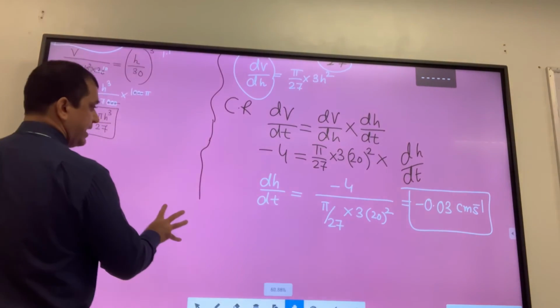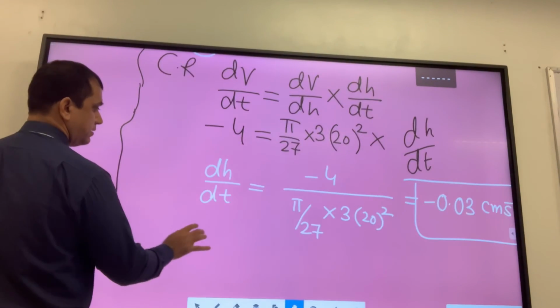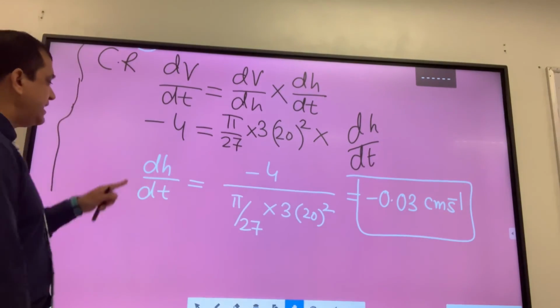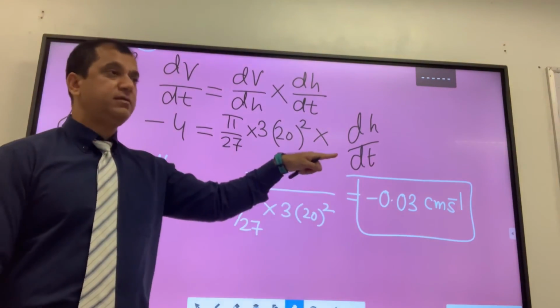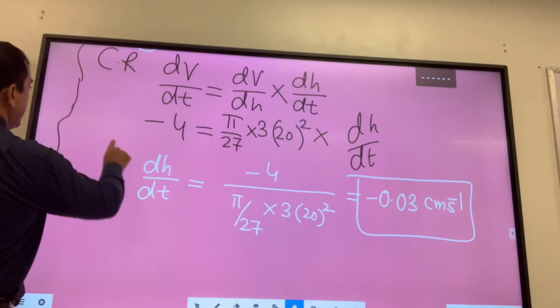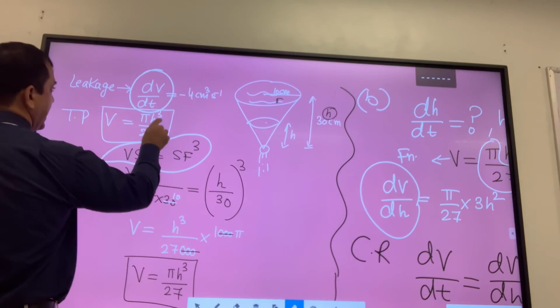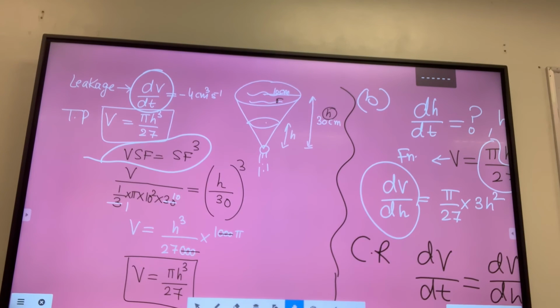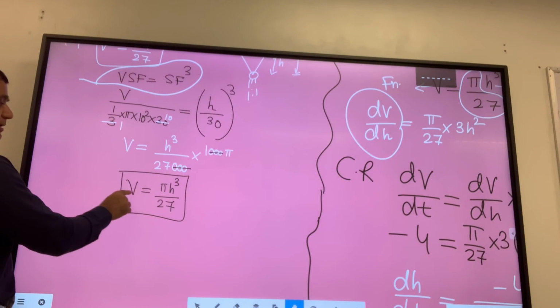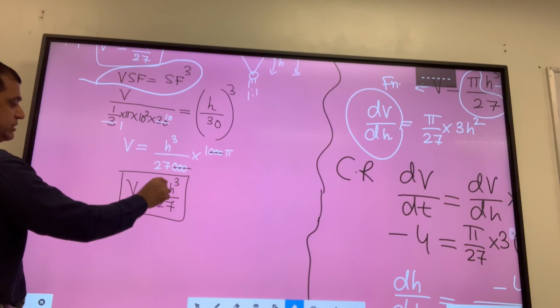See guys, again here. So dh dt is -0.03 centimeter per second, and you are given here dv dt as -4 centimeter cube per second, and we found out reducing volume as pi h cube by 27.